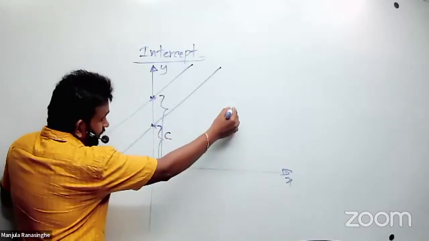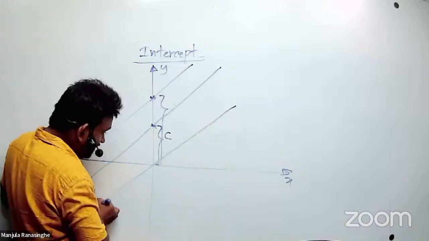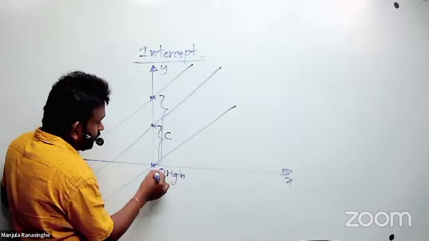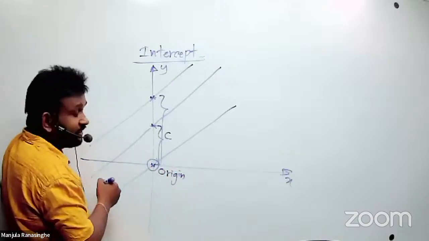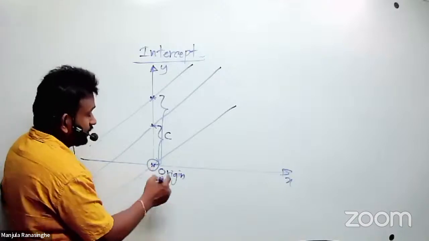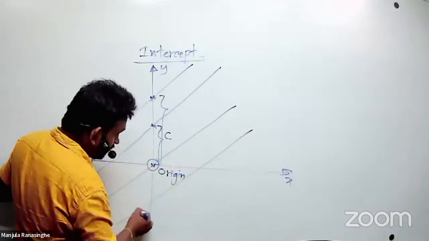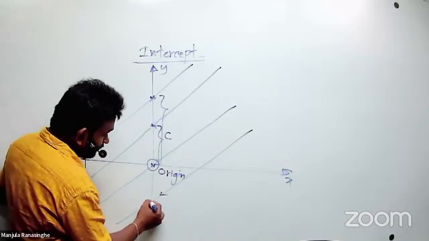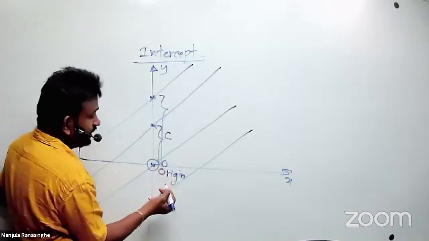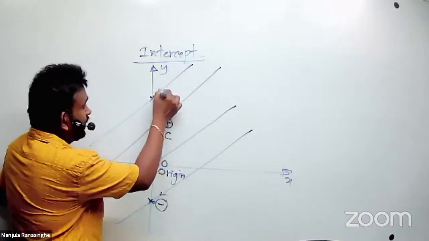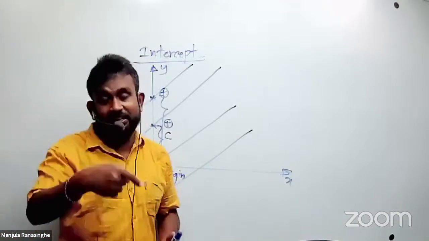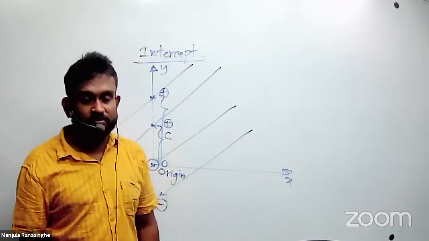If the graph is cutting at zero, the origin, then the y-coordinate is zero, meaning zero intercept. If the graph is cutting the bottom part of the axis, the intercept is a negative value, here the intercept is zero, here the intercept is a positive value. So it depends upon the point where the graph intersects with the y-axis. So that is the concept.